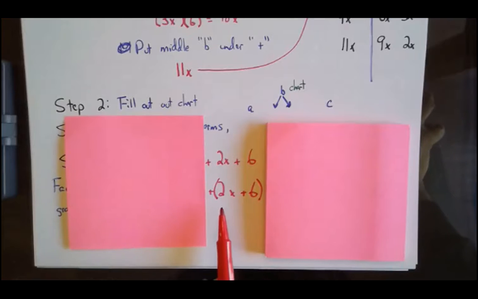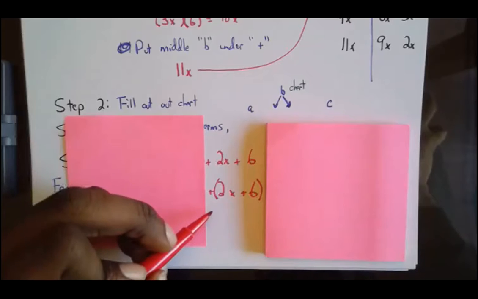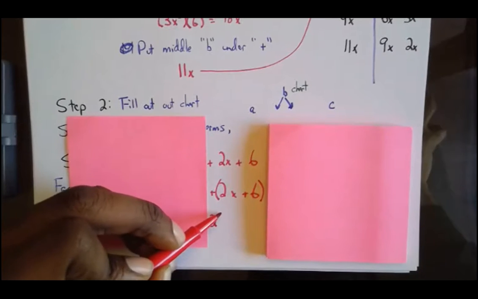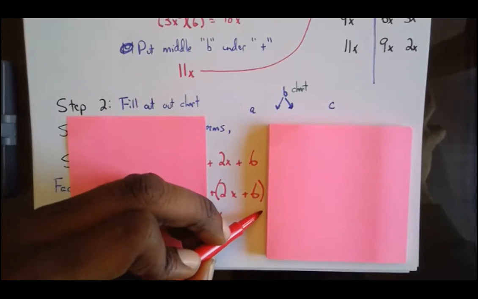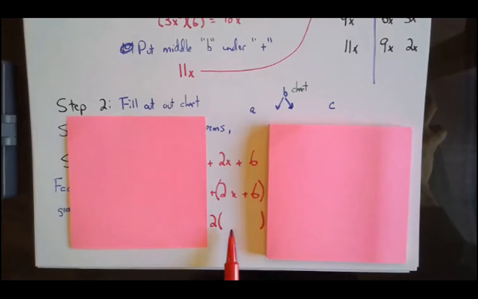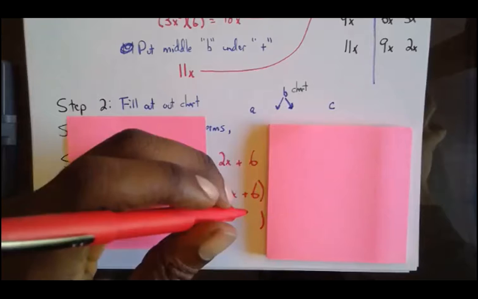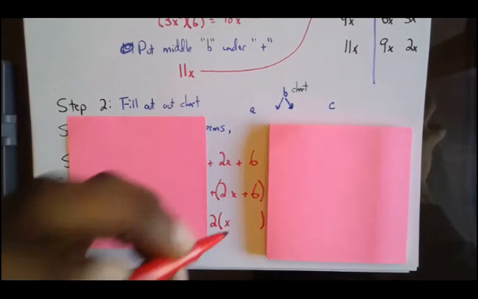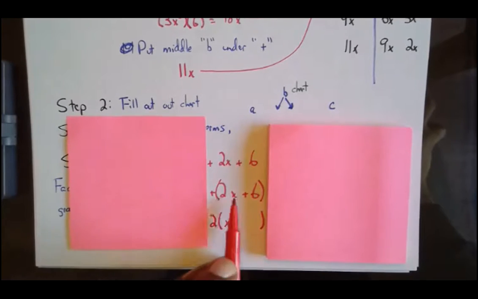What is the GCF of both of these numbers? Correct. If I take out a 2 and put it on the outside, what am I left with on the inside? Correct. 2 times x is 2x, and 2 times what is 6?